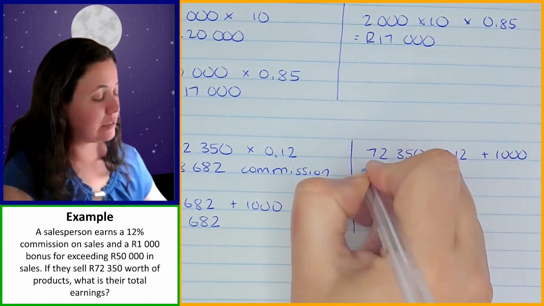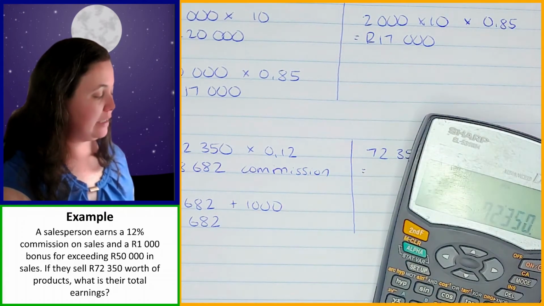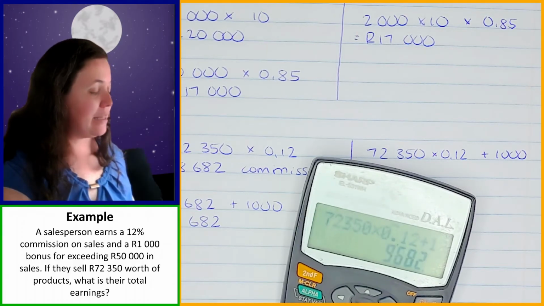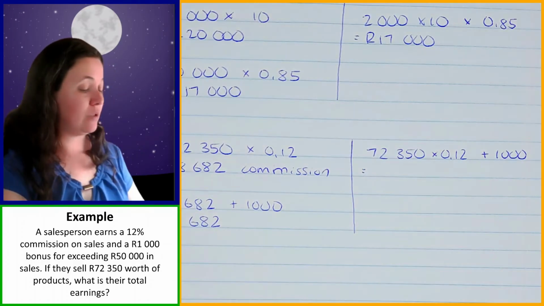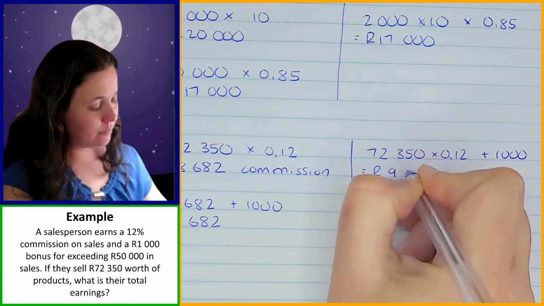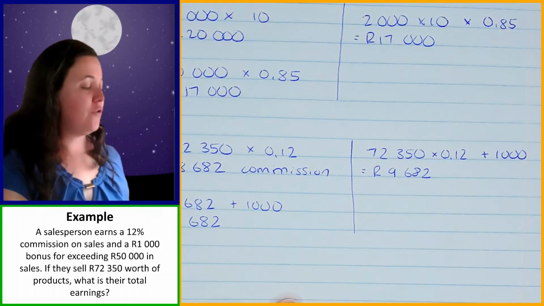So we can go and work that out straight away. So 72,350 times 0.12, and then we add the 1,000, and that gives us 9,682, which is the same as what we got over there. Okay, so that's what you should get for that question.